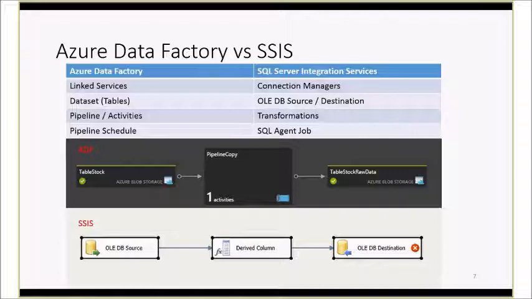Now, let's compare the entities between these two. At the bottom, you are going to see the SSIS, how it looks. Here, I have my OLEDB source. I have a transformation, which is a really simple transformation. We are deriving a column. Are you guys able to see it? And then we have our OLEDB destination right at the end. We have the same concept on the ADF side.